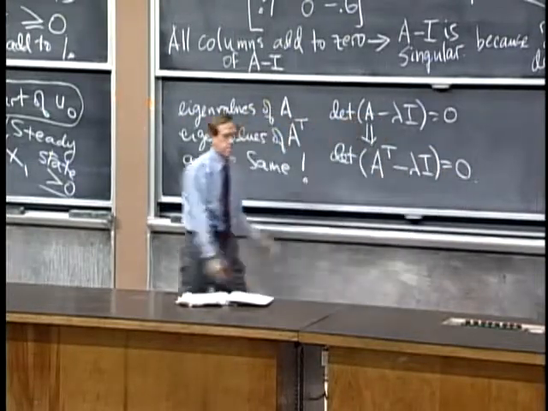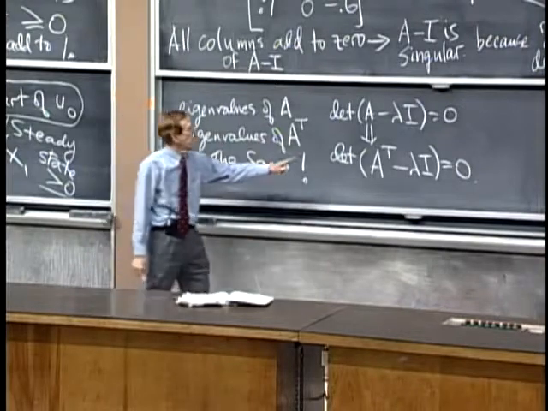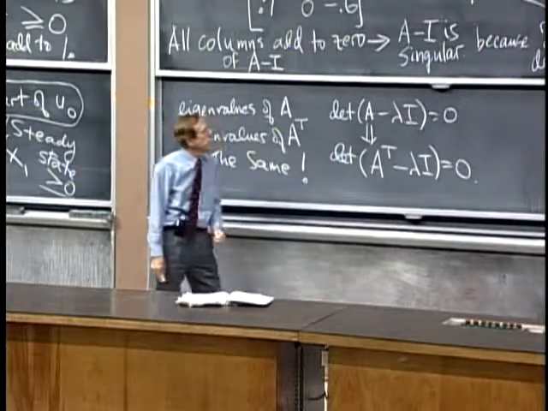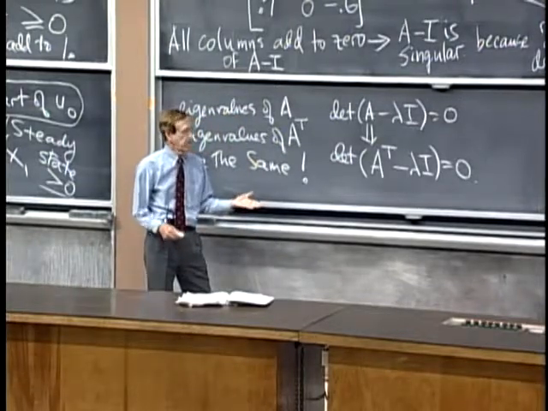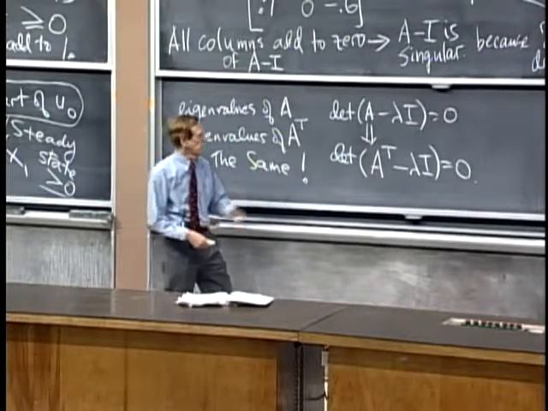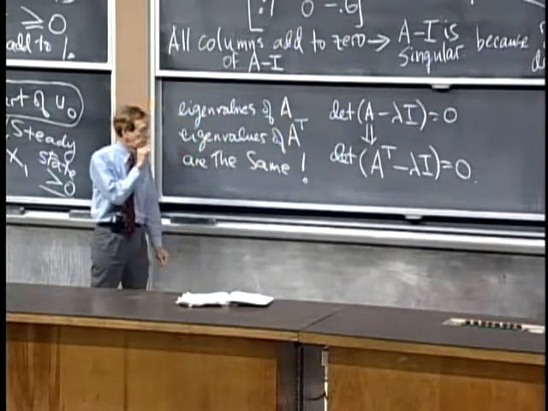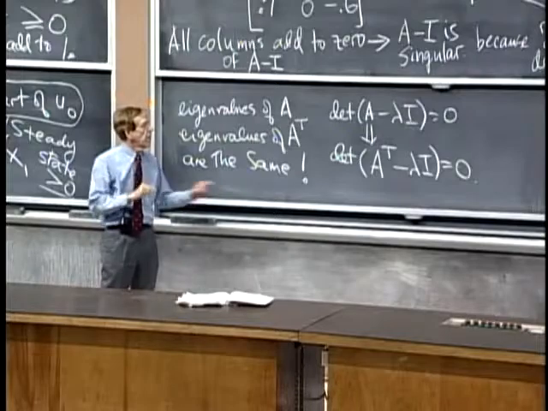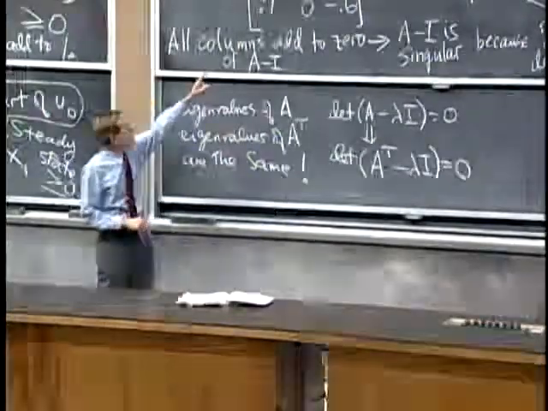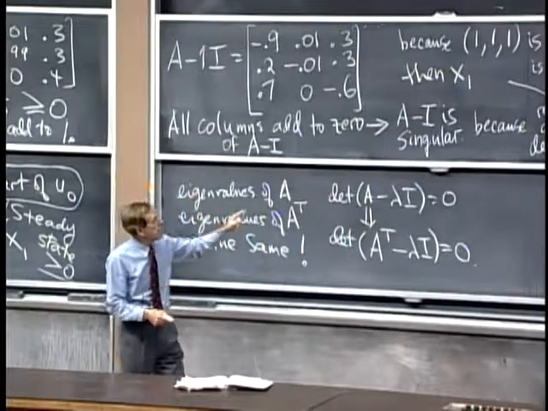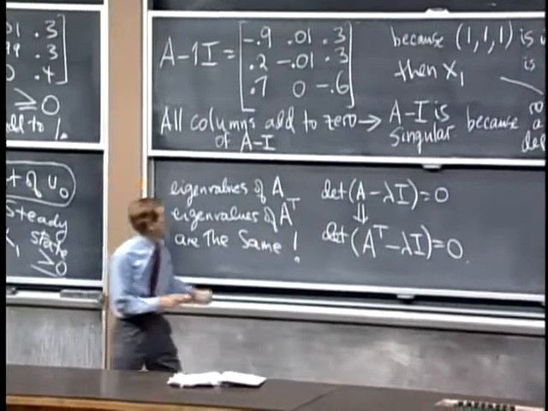So that's all there was to the reasoning. The eigenvalues of A solve that equation. The determinant of a matrix is the determinant of its transpose. So that gives me this equation, and that tells me that the same lambdas are eigenvalues of A transpose. So, backing up to the Markov case, 1 is an eigenvalue of A transpose, and we actually found its eigenvector, 1, 1, 1.